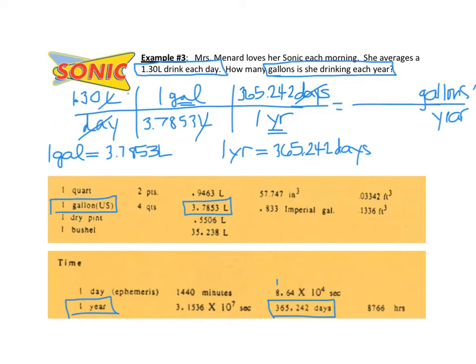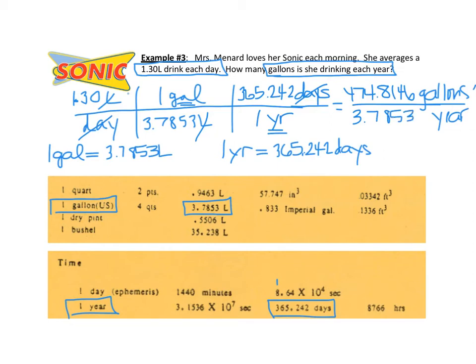So I'm going to multiply across the top: 1.3 times 365.242, and I get 474.8146. Then I multiply across the bottom: 1 times 3.7853 times 1, so that's going to be 3.7853.